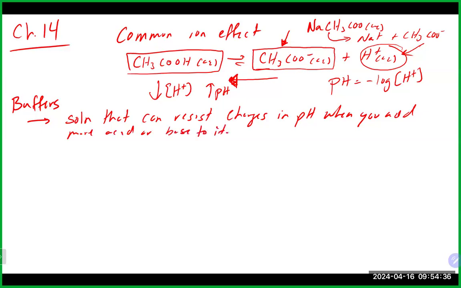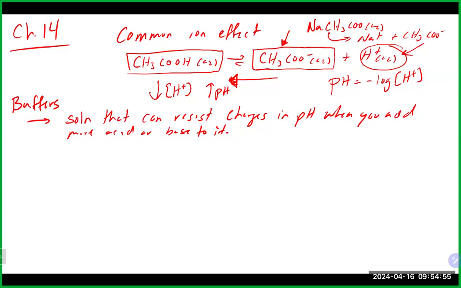So what we're talking about here is that we can have a solution that is able to maintain the pH where it started without really big swings in pH when we add acid or base to it.